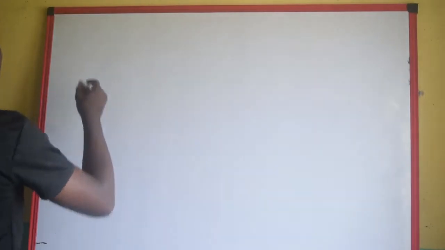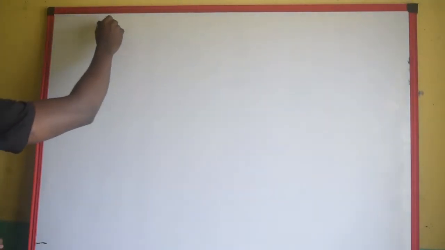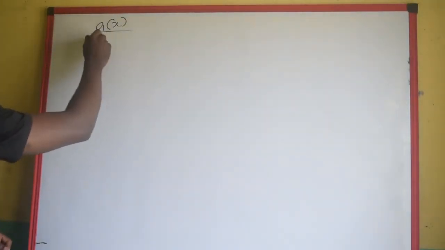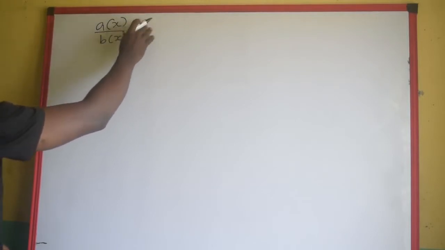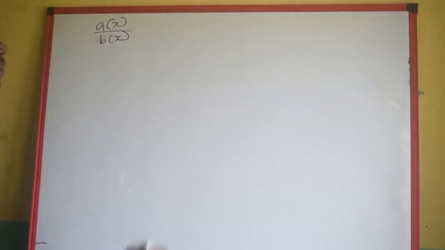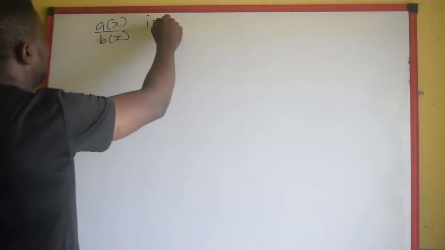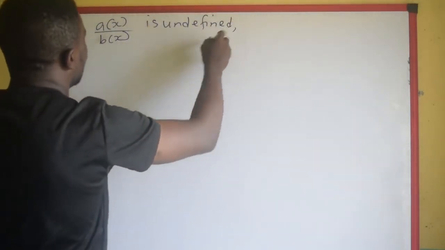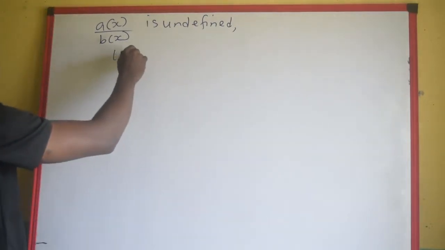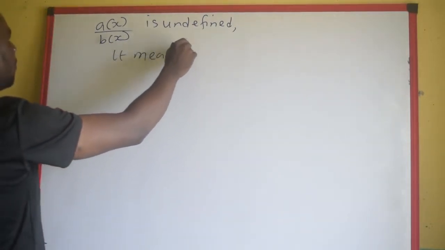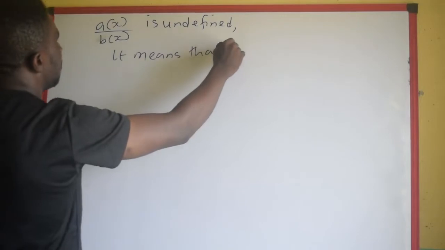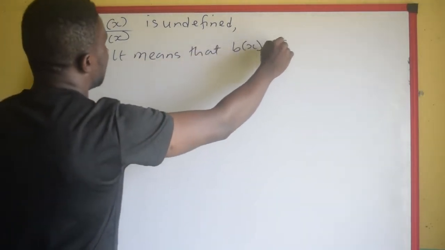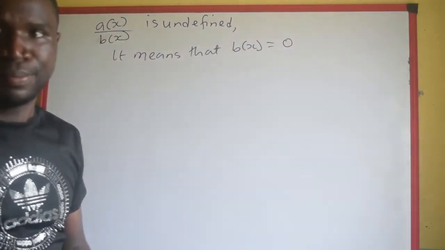In mathematics, a function of x all over b function of x is said to be undefined. If this is undefined, it means that b function of x is equal to 0.